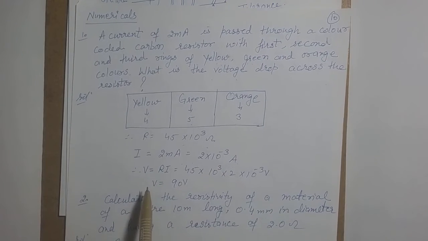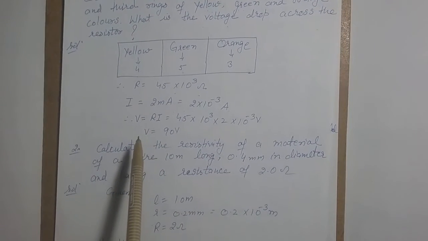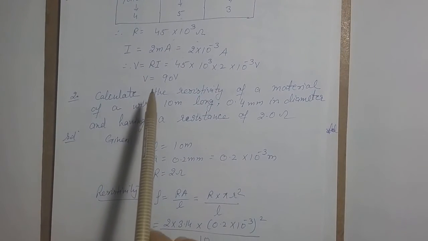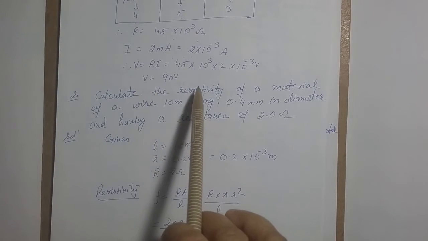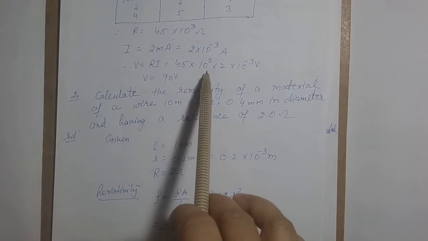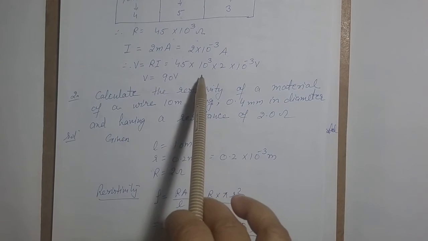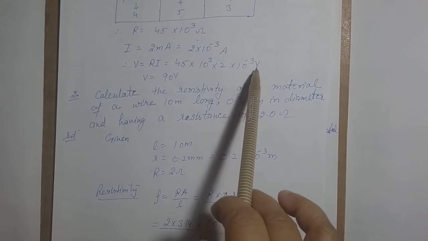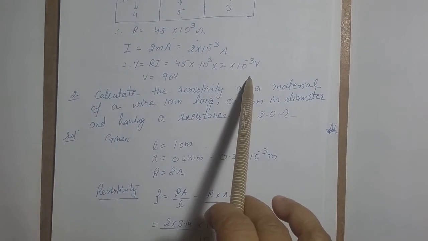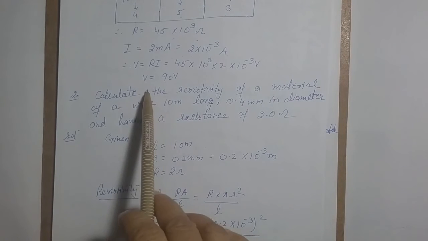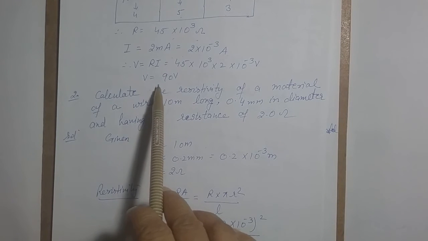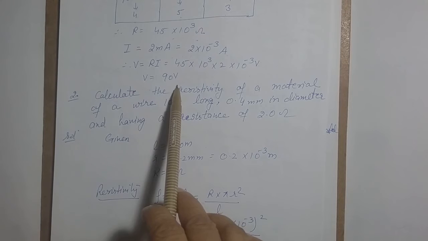Substituting all the values in Ohm's law, V equals IR, we get 45 into 10 raised to power 3, the resistance, times 2 into 10 raised to power minus 3, the current, and we get the potential as 90 volt.